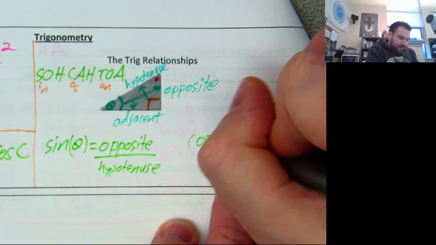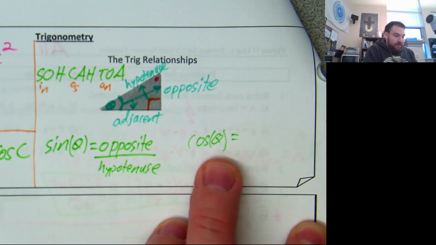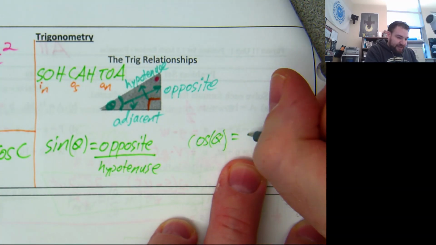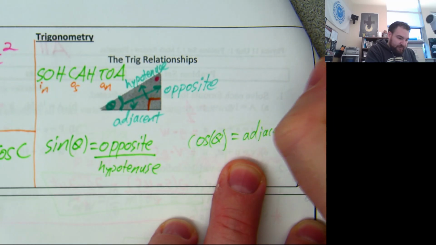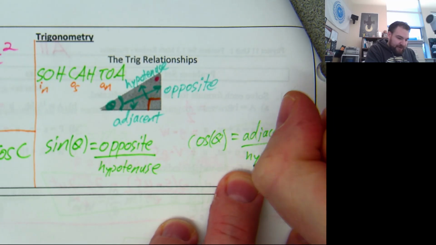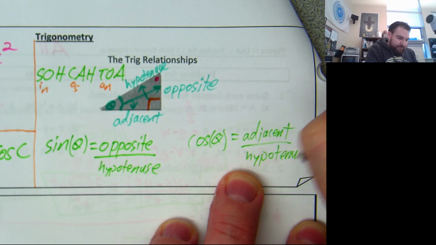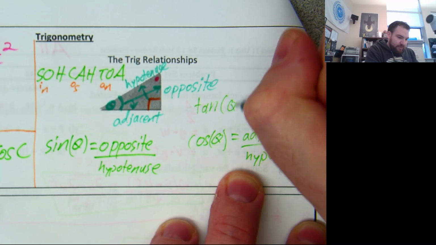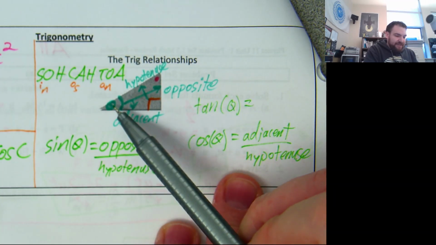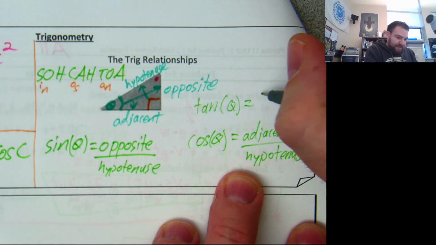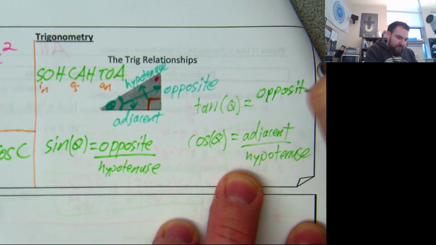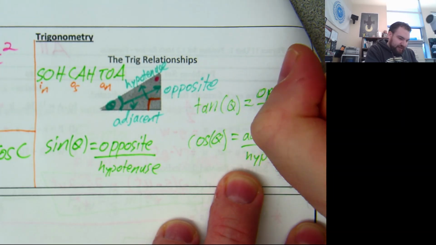The cosine of whatever angle that guy is going to equal the length of the adjacent side divided by the hypotenuse, and then the tangent ratio of whatever angle that is going to equal the opposite length divided by the adjacent.